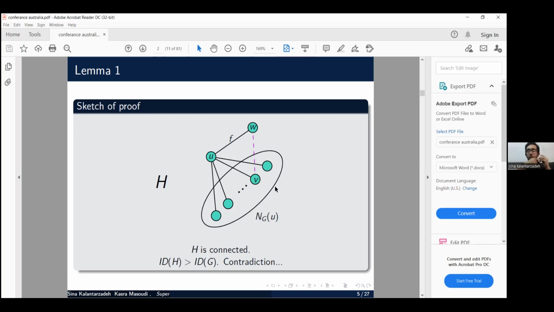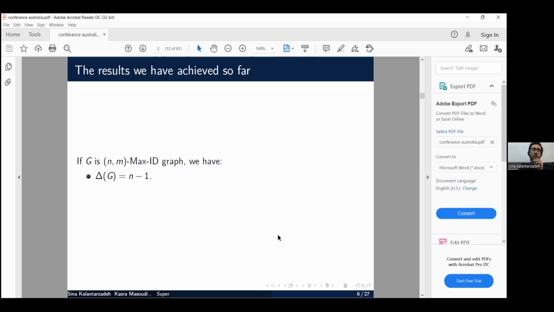And also by some calculations, we can see that ID of H is strictly greater than ID of G, which is a contradiction. So now we have proved that delta of max ID graphs is always equal to n minus 1.